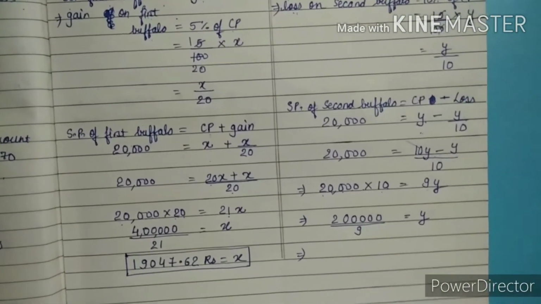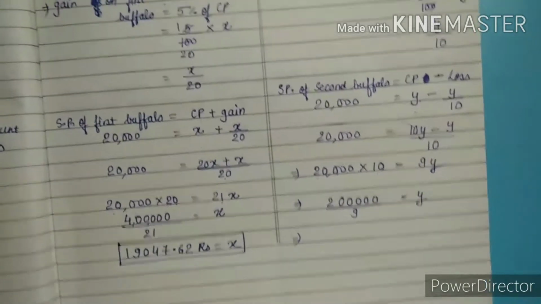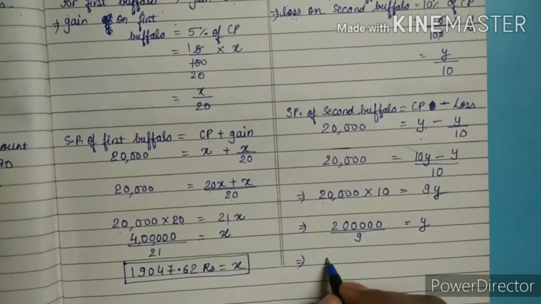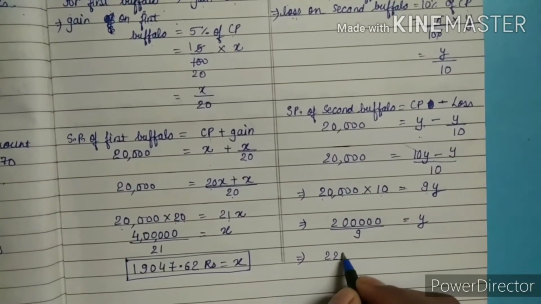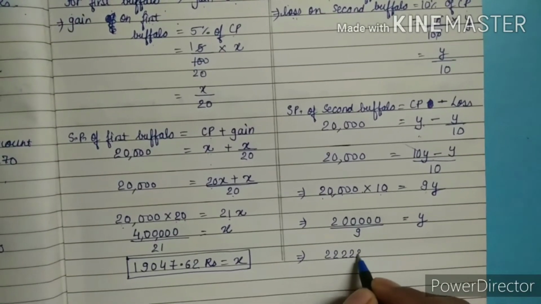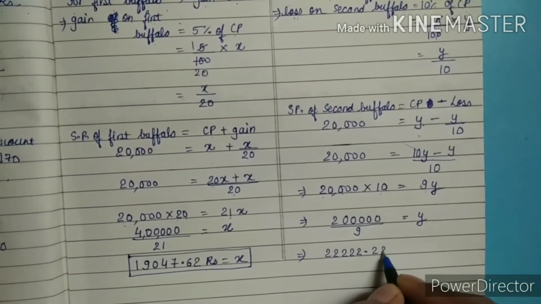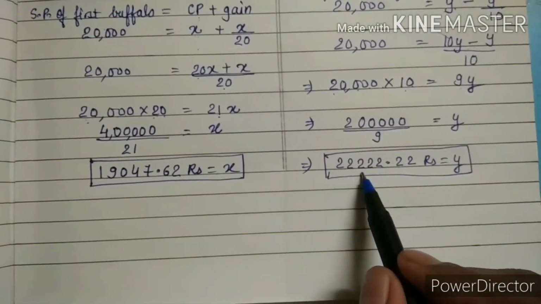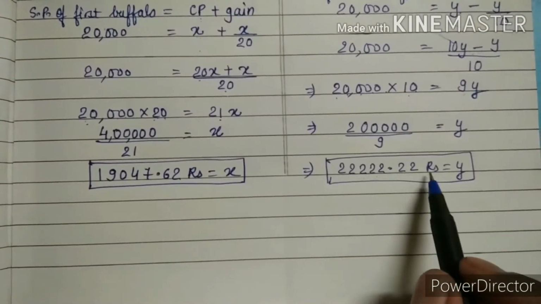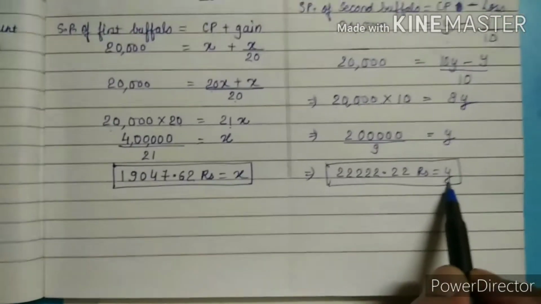When we divide 2 lakh by 9, we get 22,222.22 rupees for the second buffalo.